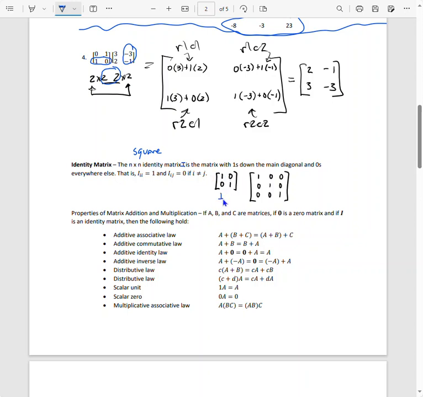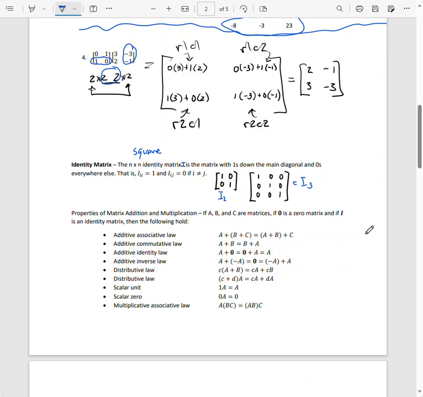So I would call this an I2. It's an identity matrix that is square with 2 rows, 2 columns. And I would call this I3. It is a square matrix, 3 by 3, 3 rows, 3 columns. Identity, ones along the diagonal, zeros elsewhere. And it could get bigger, definitely gets bigger.